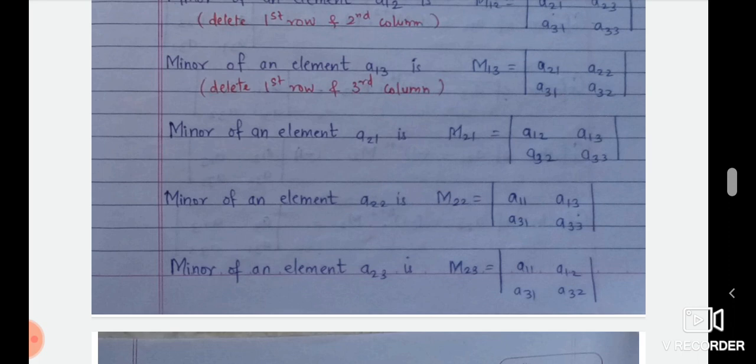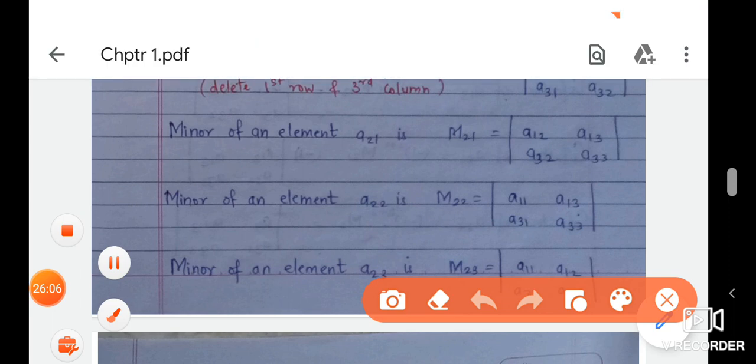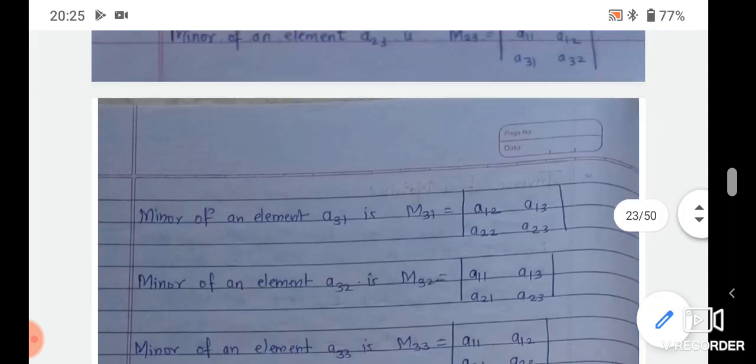Okay. So in this way you can find the minors. You just have to delete the row and column numbers. The first number denotes the row number, the second number denotes the column number. So that row and that column you have to delete and take the determinant of the remaining elements. Okay. So in this way we can find the minors.